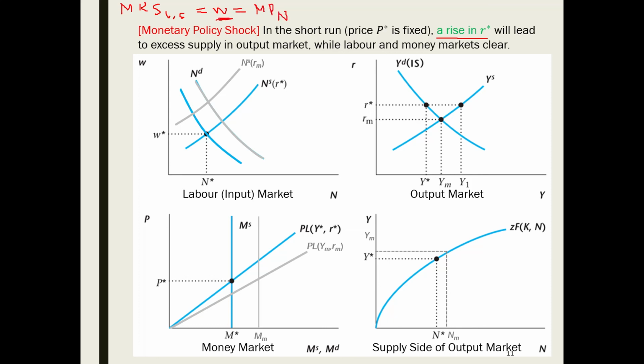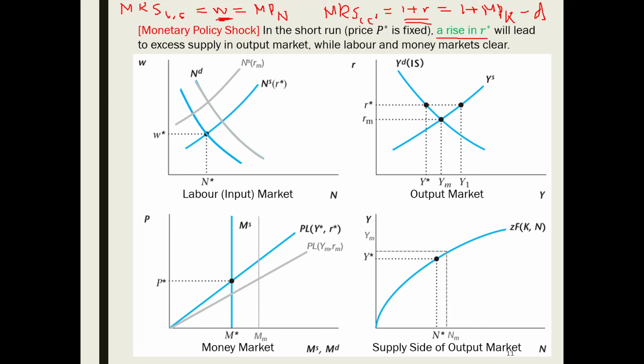The intertemporal condition for the consumer is that the marginal rate of substitution between today's consumption and tomorrow's consumption is equal to 1 plus R. And the intertemporal condition for the firm is that 1 plus the marginal product of capital minus depreciation is equal to 1 plus R. Note again, these two intertemporal conditions are linked by 1 plus R.